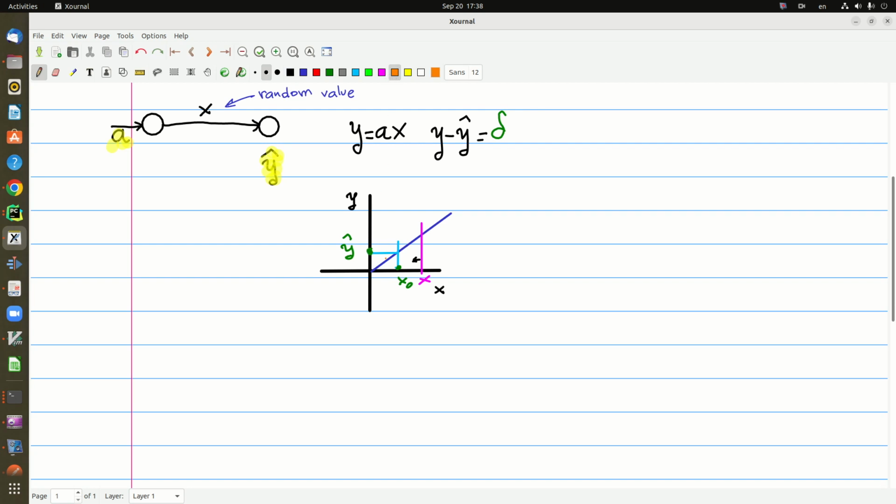If the random value was from the left side, we're going to move in the other direction.